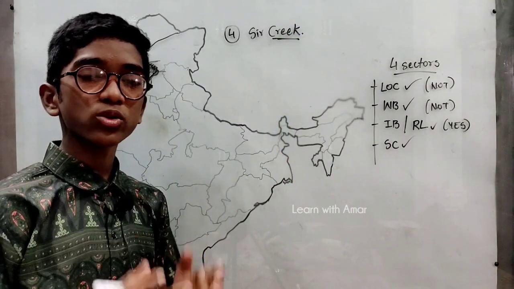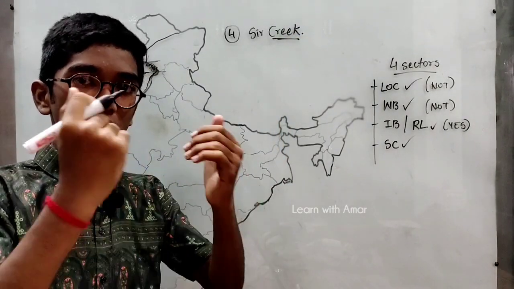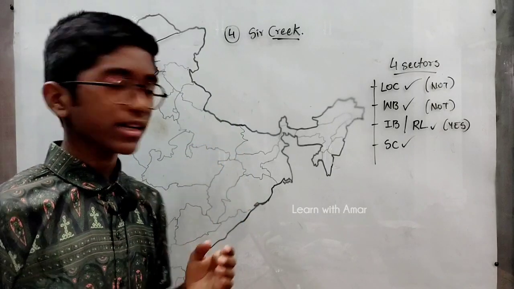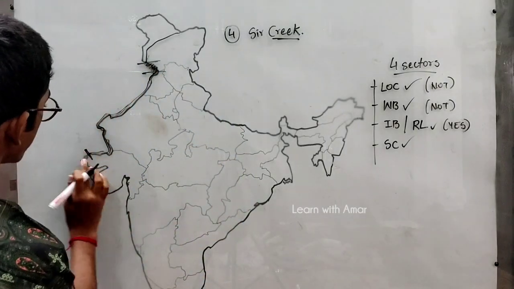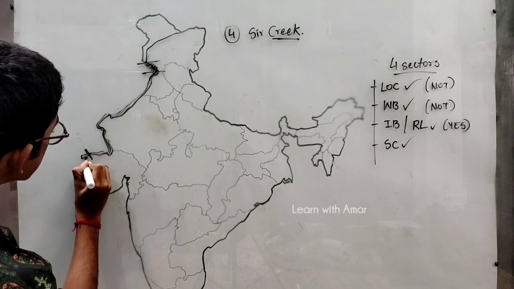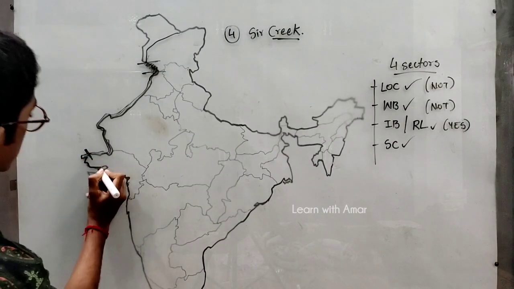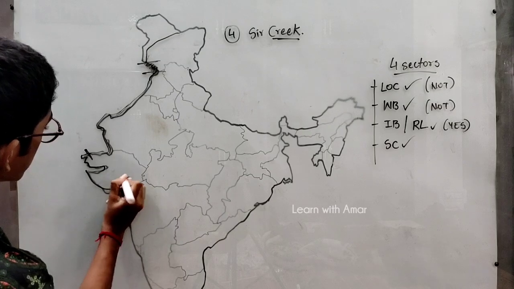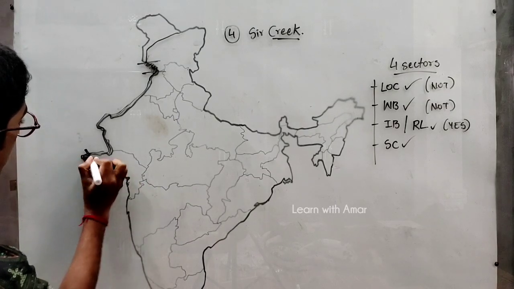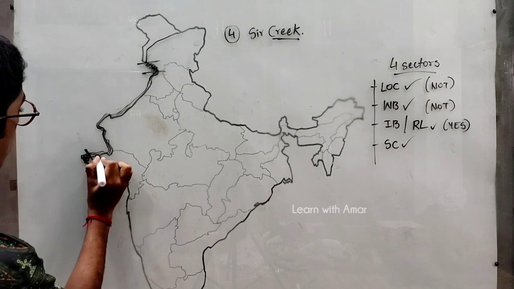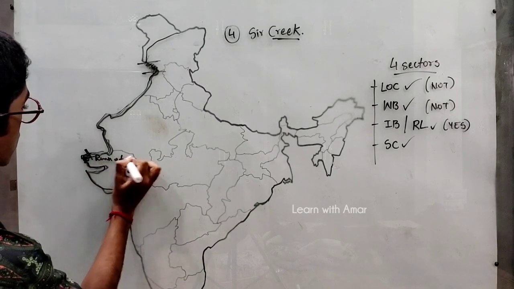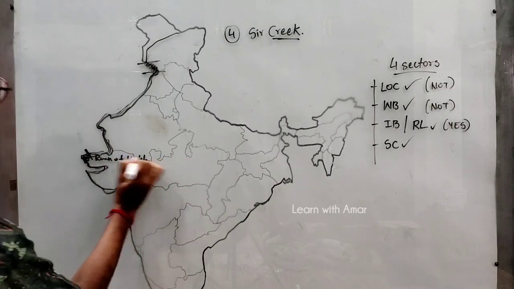Creek is a narrow opening, that means a narrow waterway into land. That means you can see that this is the Gujarat border, right? This one, it extends up to Rann of Kutch.